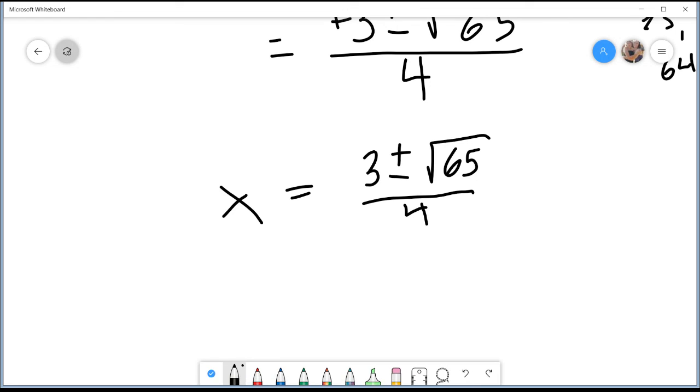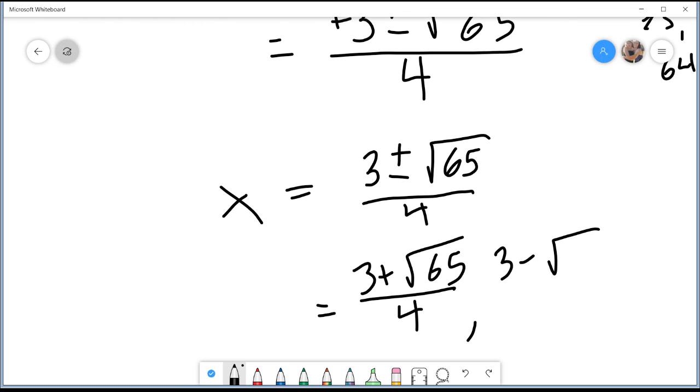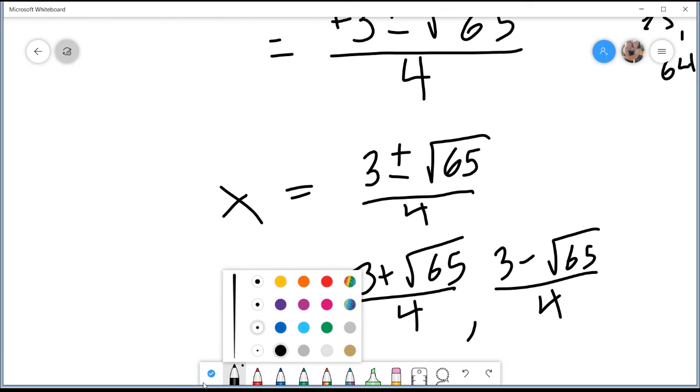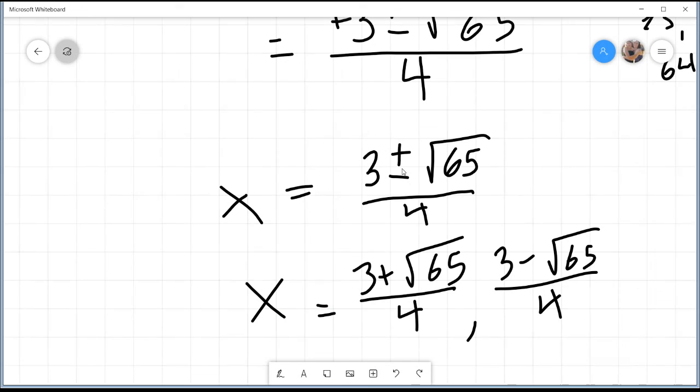Well, your answer is right here. This plus or minus. What that means is one of your answers is 3 plus the square root of 65 over 4, and your other answer is 3 minus the square root of 65 over 4. We can write that together as one using this plus or minus symbol.